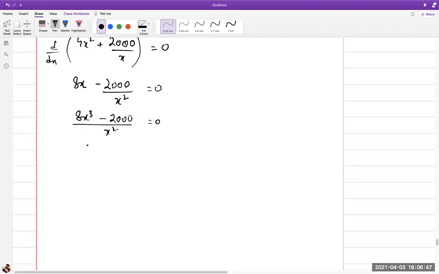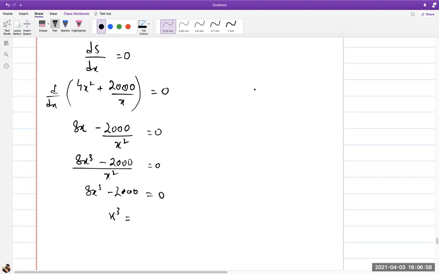So that gives me 8x cubed minus 2000 is 0. Sir, how did x squared come? Because in a derivative you subtract one from the power, right, so this 2000 over x, okay, okay. I got it. So I get 2000 over 8. Cube root of that will be my answer. There you go.